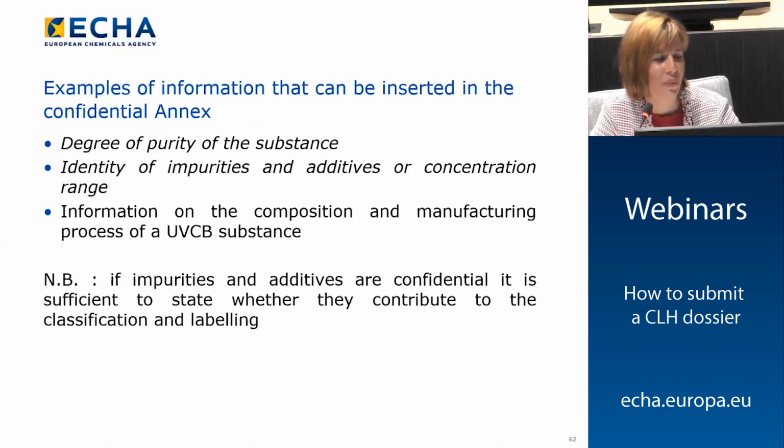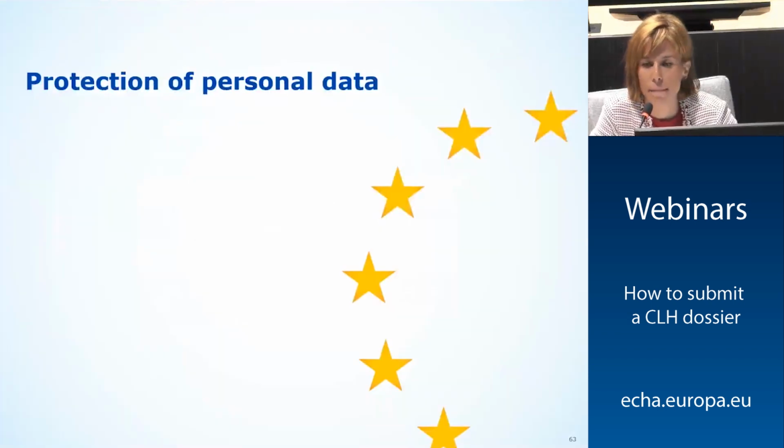Thank you. Okay, so in these slides, we have put some examples of information that can be inserted in the confidential annex. These concern, for example, the degree of purity of the substance, the identity of impurities and additives, or the concentration range. For example, information on the composition and manufacturing process of UVCB substances.